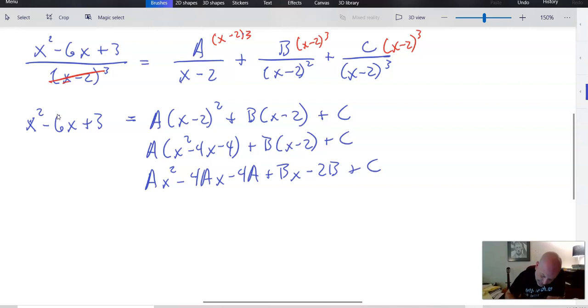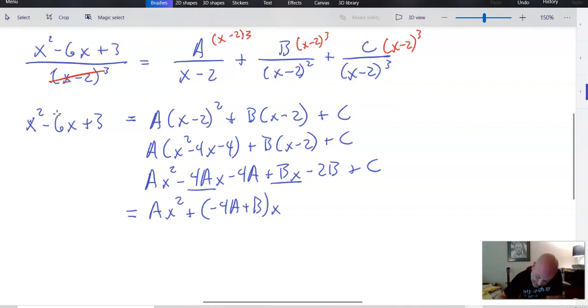That's everybody. Okay, so now we need to group these. Let's look at our x squared terms first. All we have is ax squared. That's convenient. Now we need our x terms. I have one here, and that's all of them. So it's negative 4a plus b, times x.